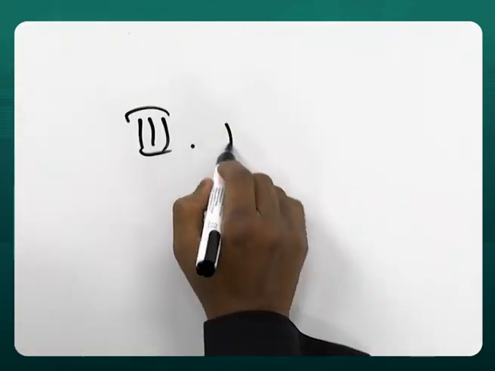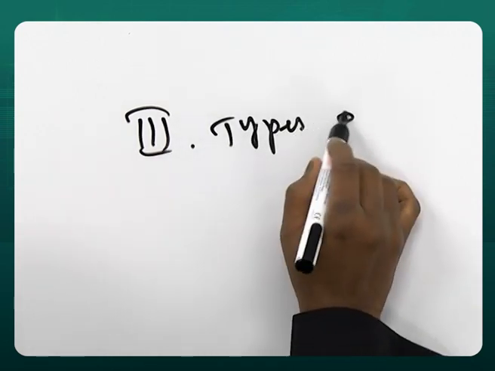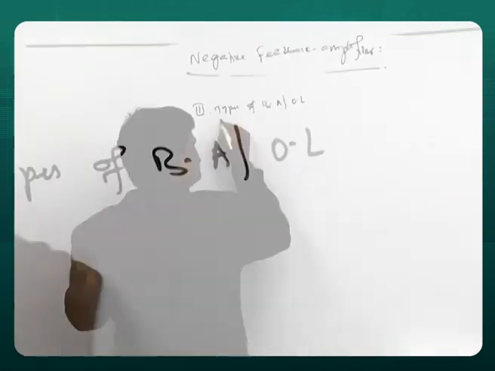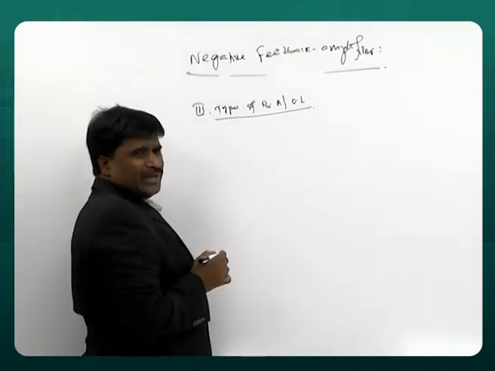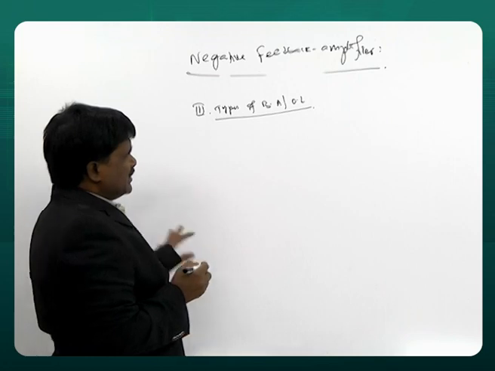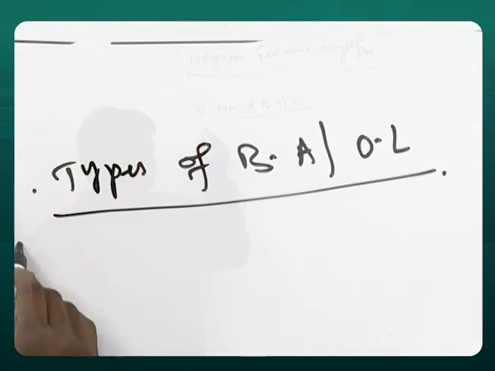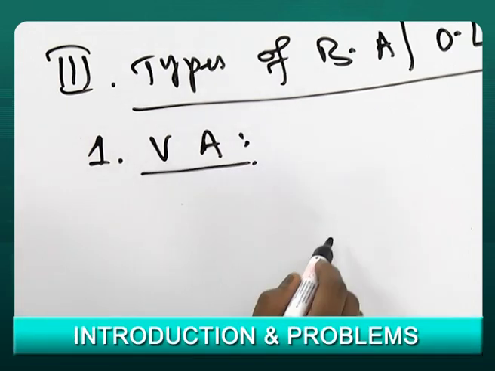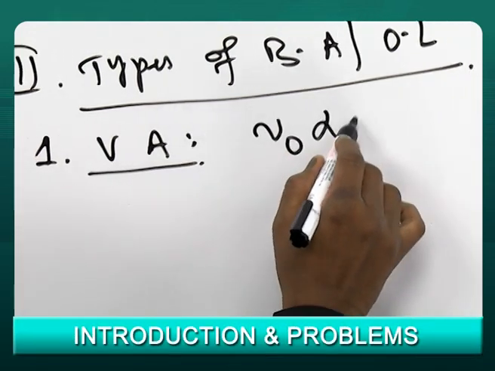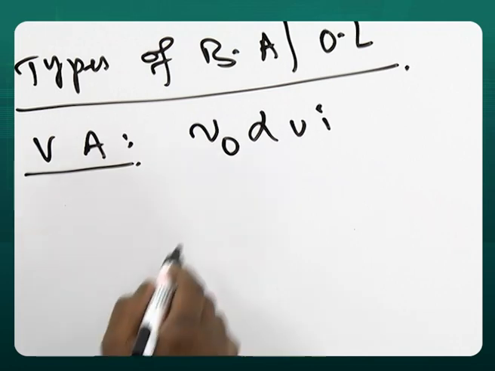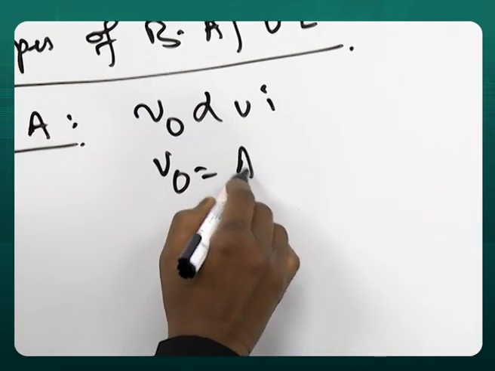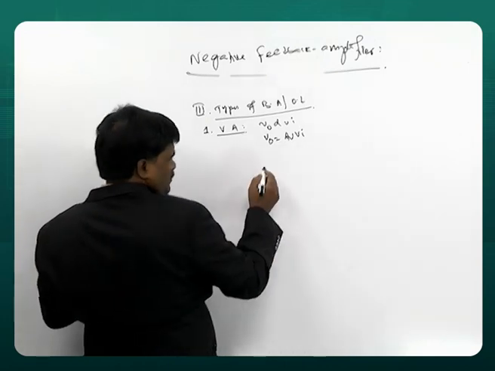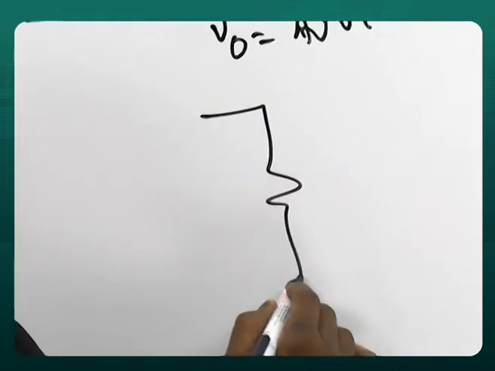Third point, types of basic amplifier or open loop. How many types are there? There are 4 types. First one, voltage amplifier. V0 is proportional to Vi, AV into Vi. Take for example like this.